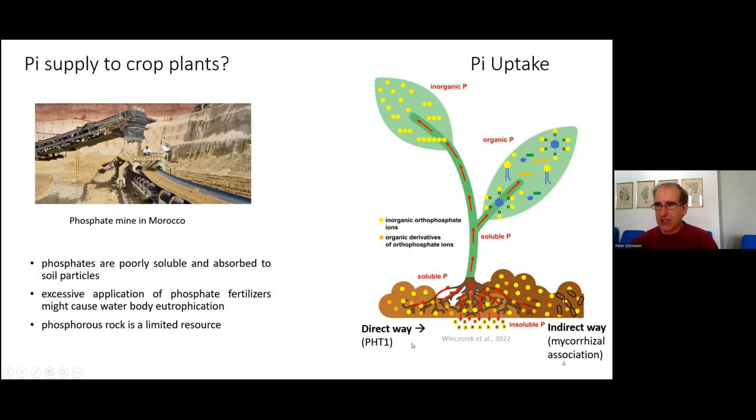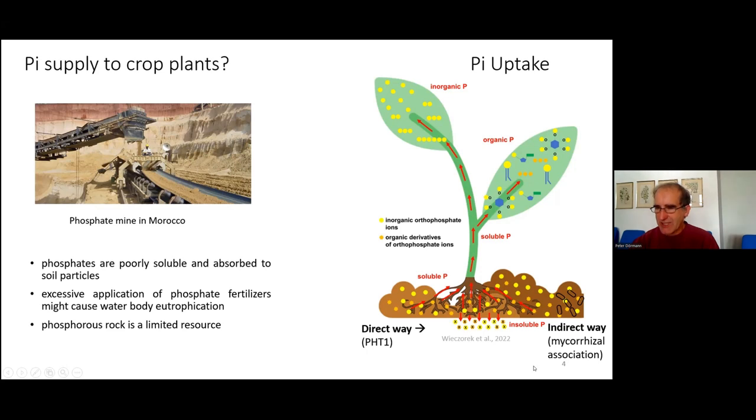And then if phosphate is taken up by the plant, it's either done directly by the roots, phosphate taken up from the roots, moved to the vessel, through the plant in the form of inorganic phosphate, Pi, orthophosphate, or organic phosphorus compounds, as I just described, and then find their way to the leaves, to the shoot parts where they are incorporated into lipids, nucleic acids, and so on.